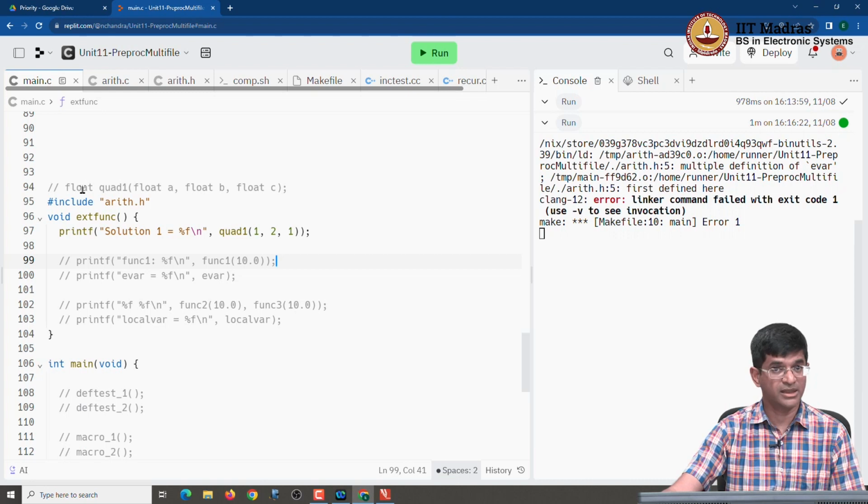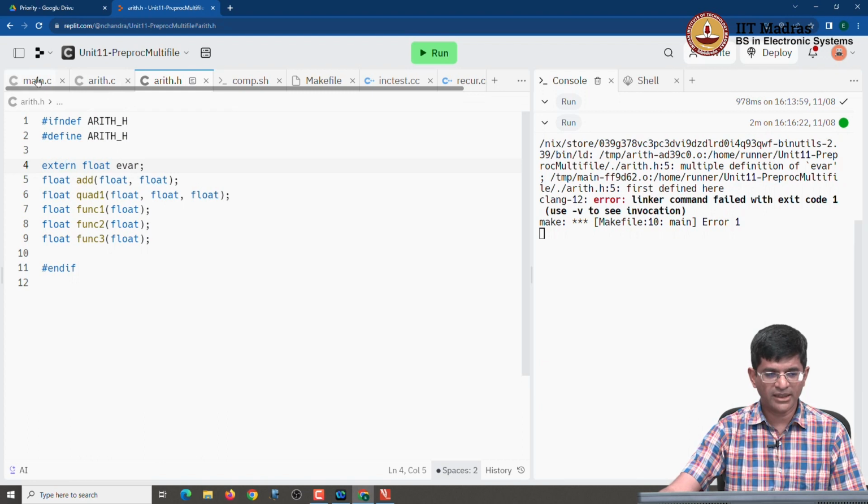Main.c on the other hand does not see a definition for evar. It only sees something that says evar is a variable that has been defined externally. Right now just go ahead and use it as a float, and when the linker gets to creating the executable, it will put everything together and create the space that you need, and tell you exactly where this variable is to be found.